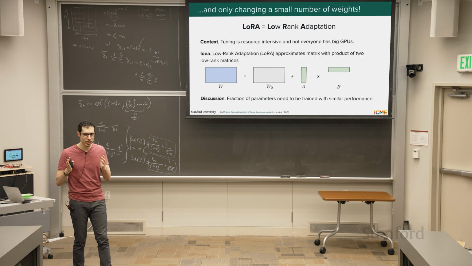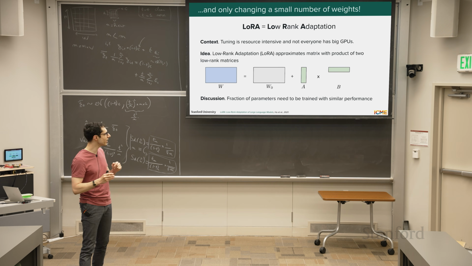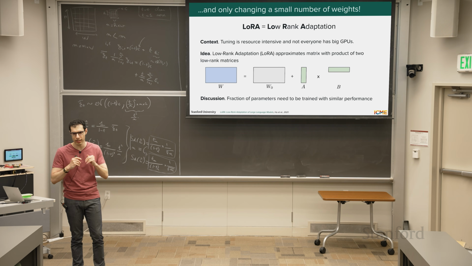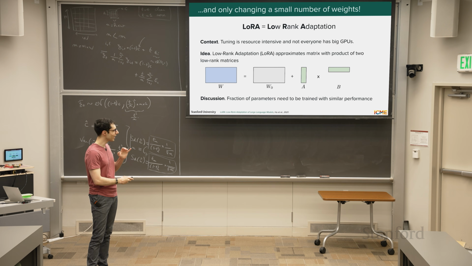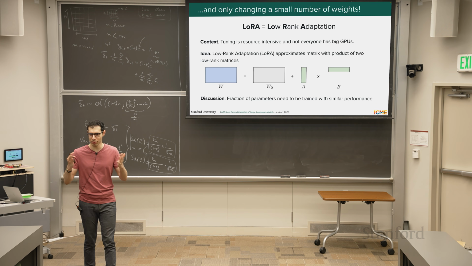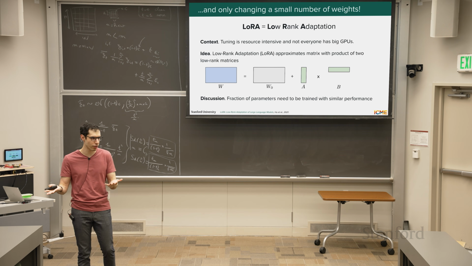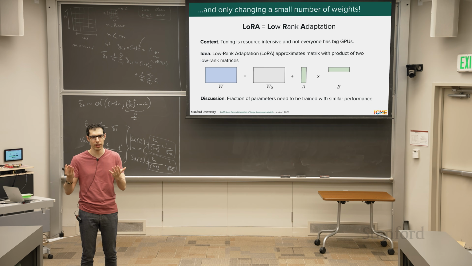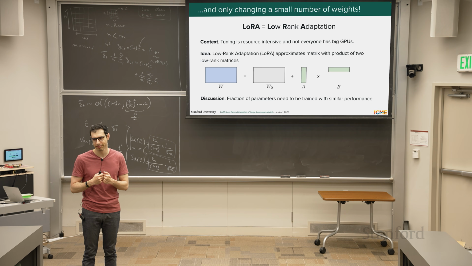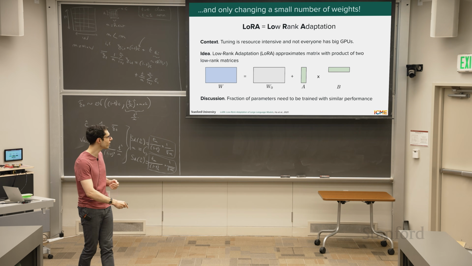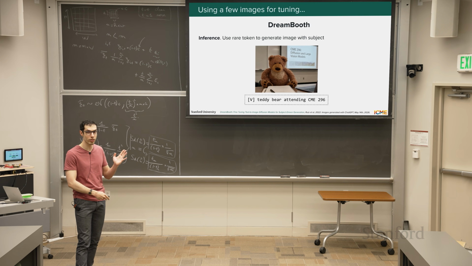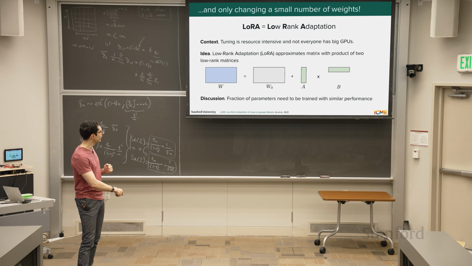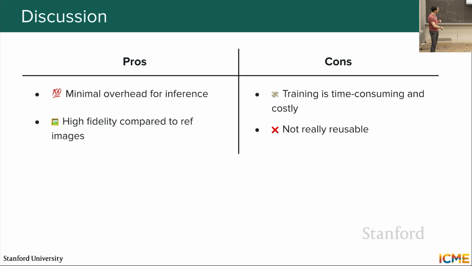And the reason why it's called low-rank adaptation is because it leads to A times B that is low-rank. And so when you do that, it turns out that you can preserve most of the performance, but train that with a fraction of the cost. So you will see methods that are called DreamBooth, DreamBooth LoRA, and that is what it is about.